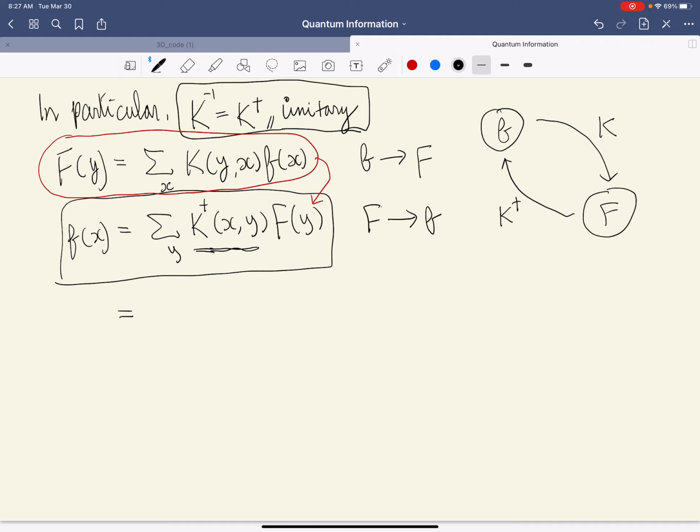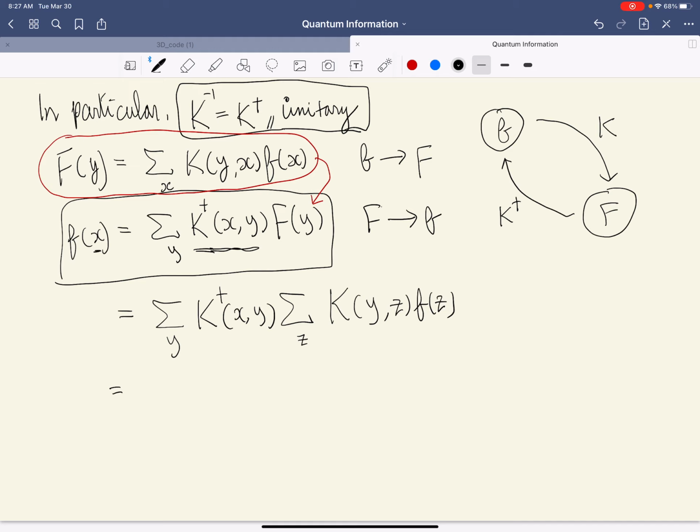Okay. So obviously now we're going to have a double summation because f of y is an expression which involves another summation. And I'm going to use z rather than x because x is already used up here. So the expression will be like that.